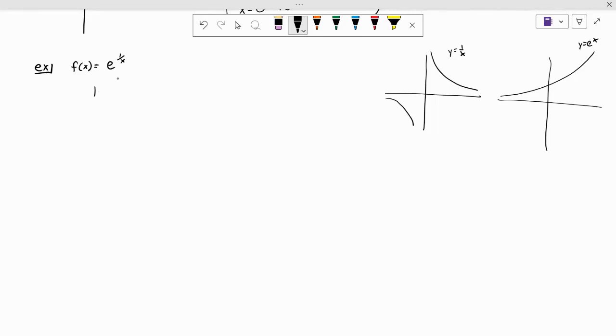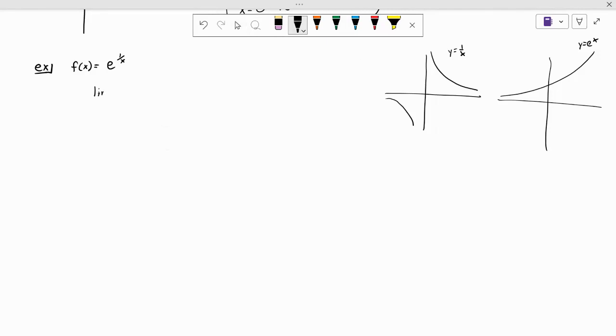We're going to see whether x equals 0 is a vertical asymptote or not. x equals 0 is a candidate because if x is 0, you'd be dividing by 0 over here. So that's always a candidate for a vertical asymptote. Just a candidate, not necessarily a vertical asymptote.